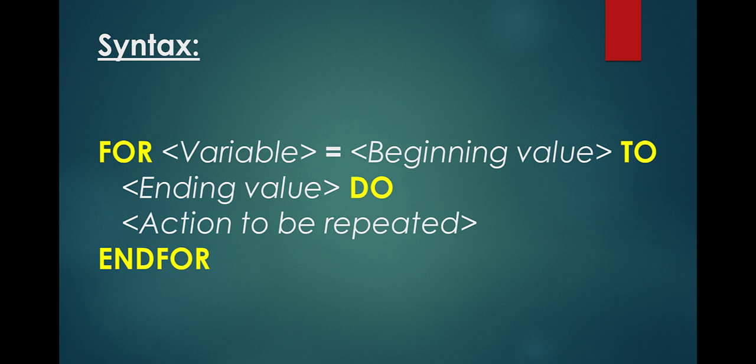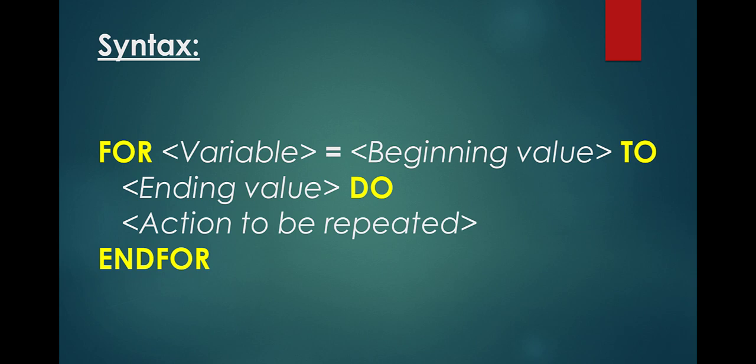Then we have a beginning value and the ending value, and after that we have the do, and then the action to be repeated. In that area we'll actually be placing the code, the statements or instructions that need to be repeated.